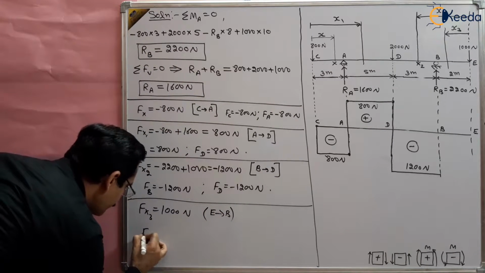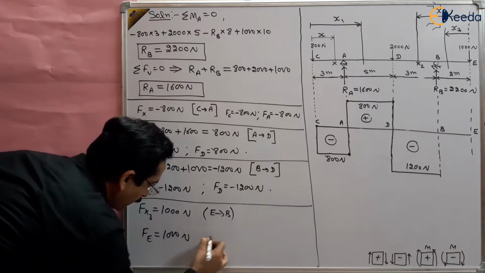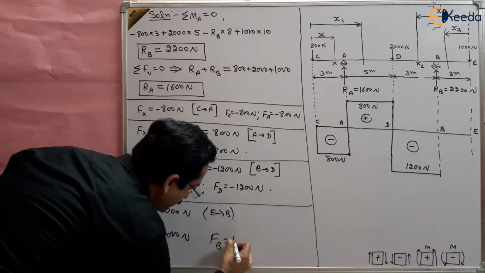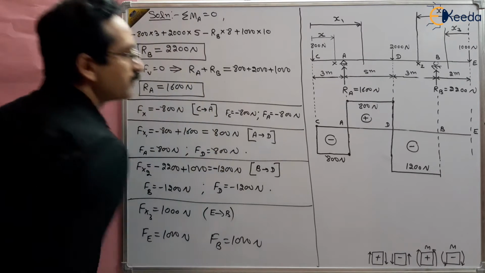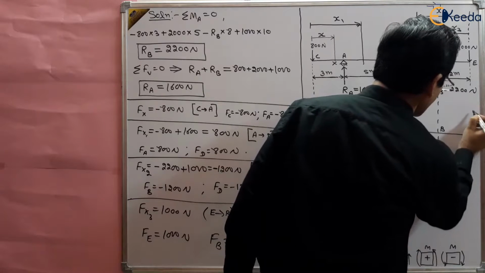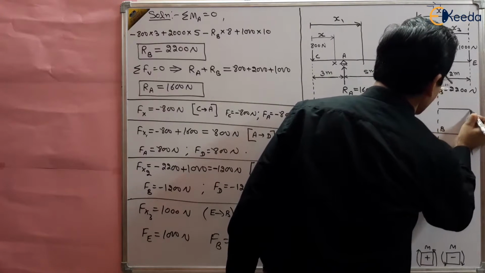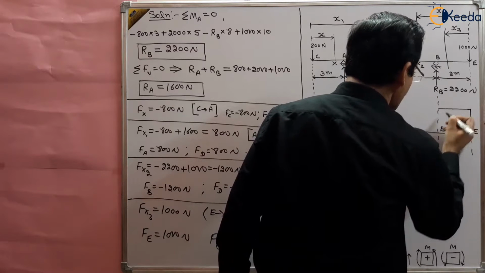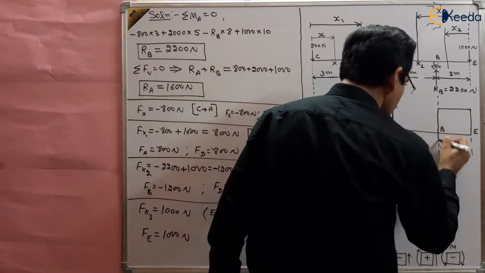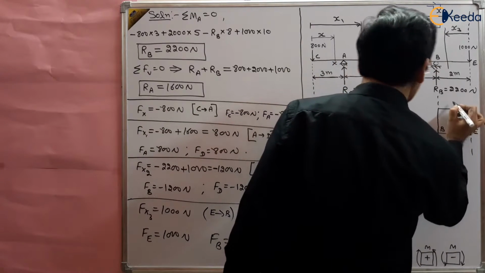And Fe will be equal to 1000 Newton, and Fb will also be equal to 1000 Newton. So you will get 1000 Newton of load at point E, and it will be valid between B and E. So it means there is an abrupt change of load, right? And this is 1000 Newton.